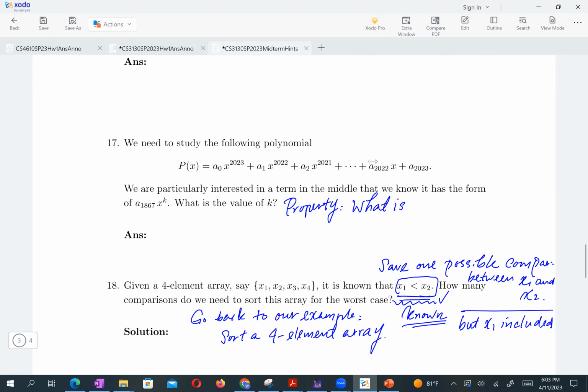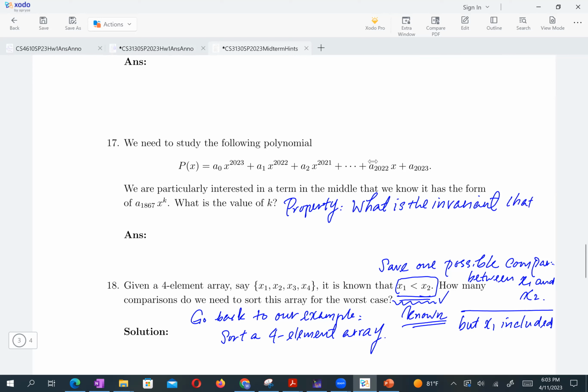What is the invariant? Some quantity that never changes. Remember in our lectures, I mentioned this invariant concept. Let me explain a little bit.